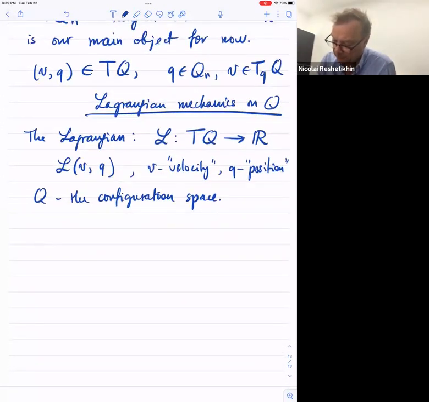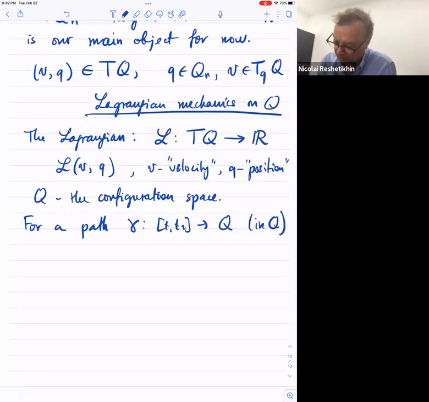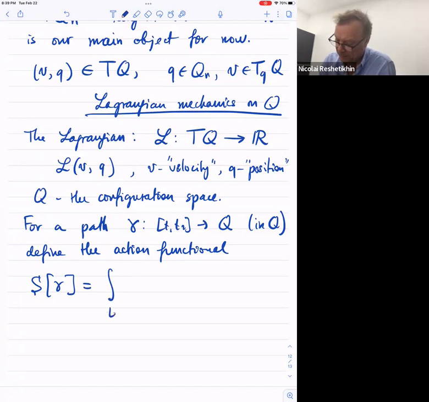So now for a path gamma in Q, define the action functional S of gamma as the integral from t1 to t2 of the Lagrangian of q dot of t, q of t, dt.